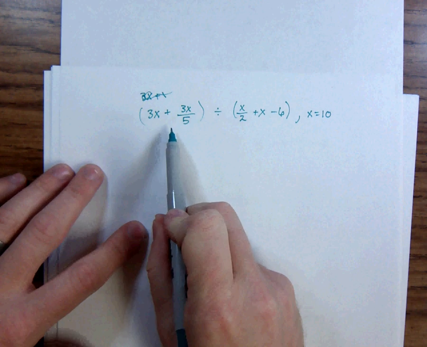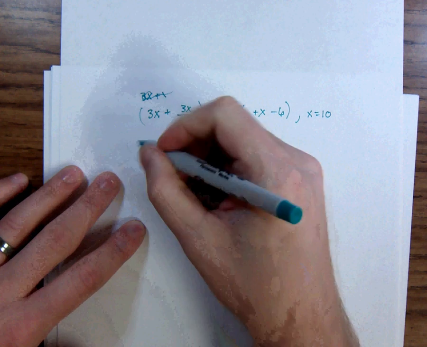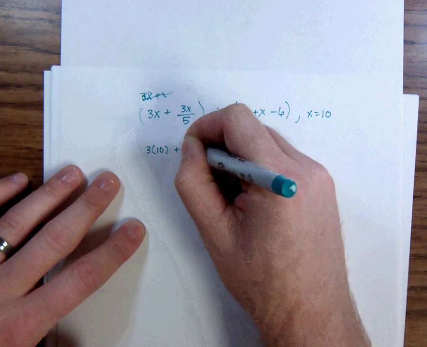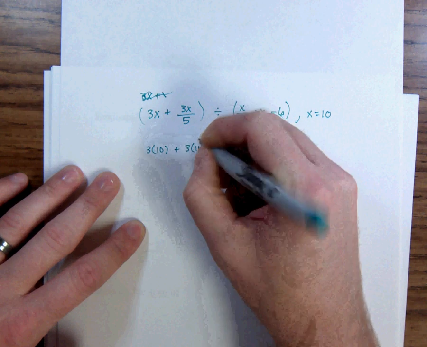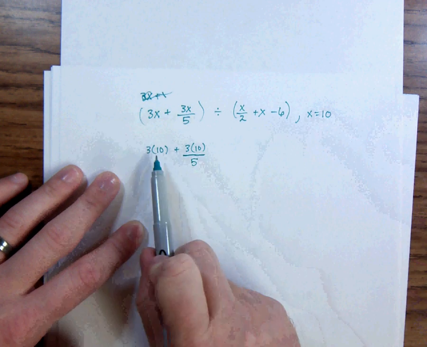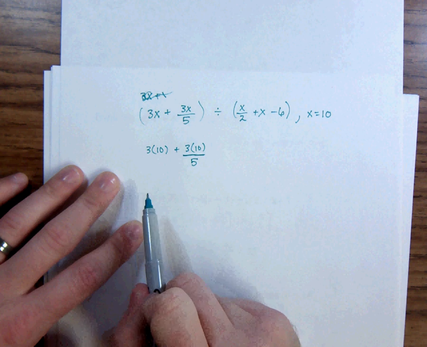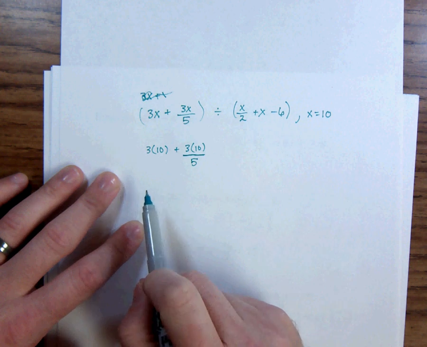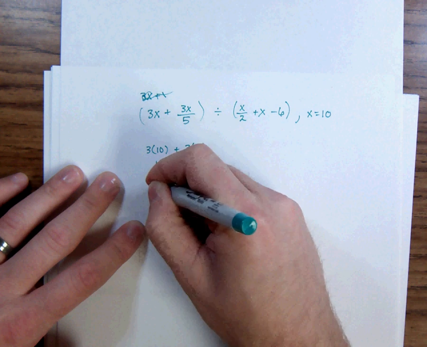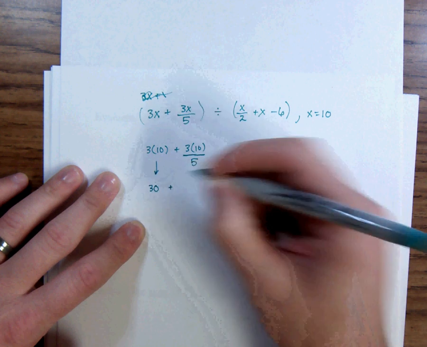So let's do the first term first. 3 times 10 plus 3 times 10 divided by 5. Now notice this is two terms as well. So let's take this, 3 times 10, that's 30.